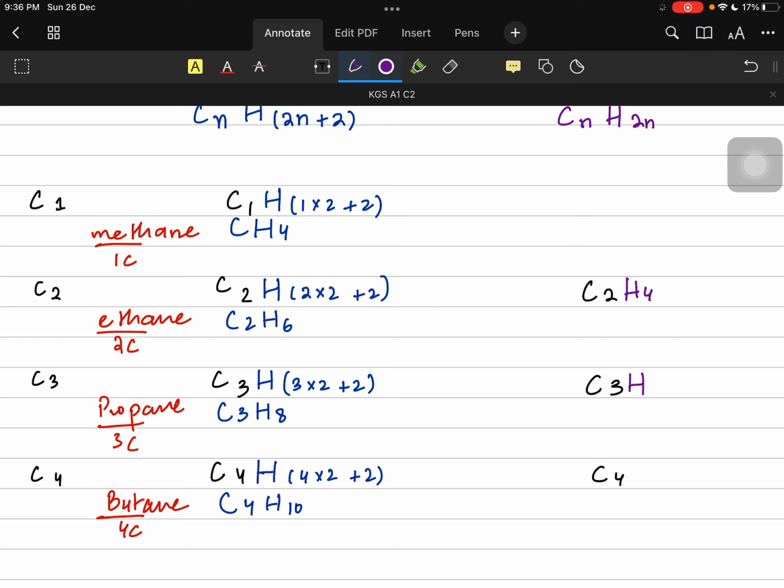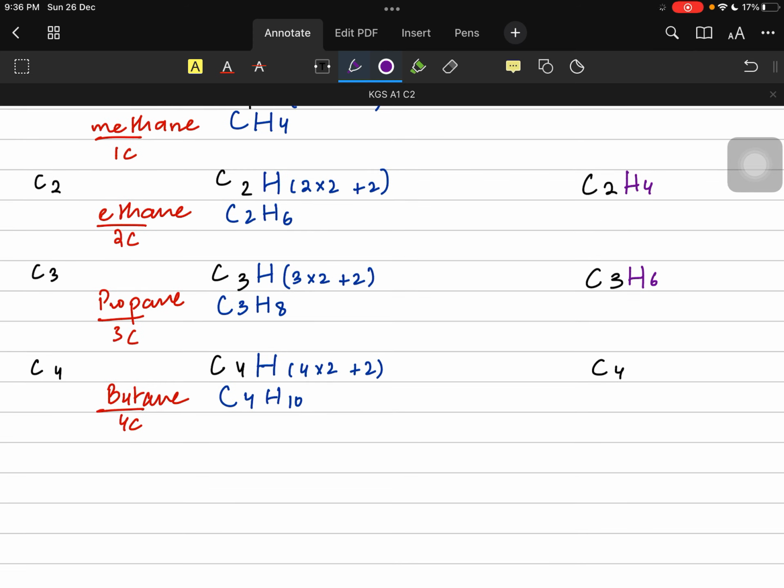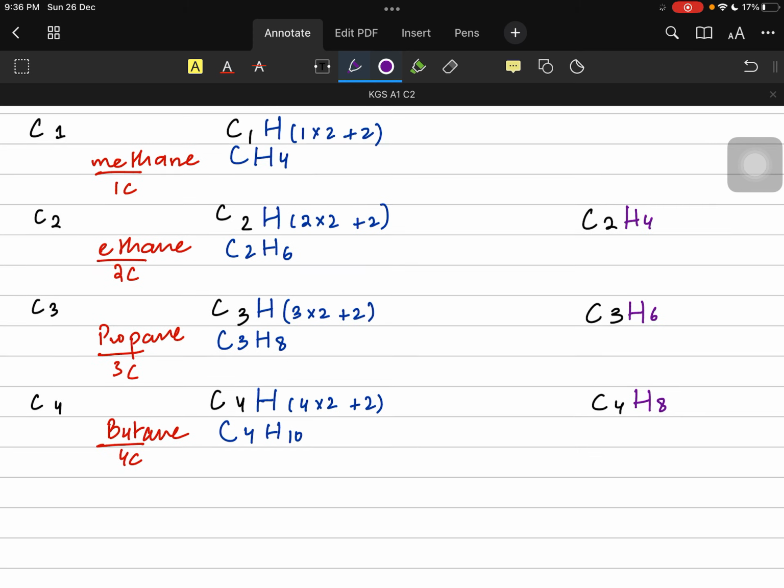If it's a 3 carbon alkene, just double 3 and you get 6, so it's C3H6. For a 4 carbon alkene, just multiply by 2, double the 4, you get 8. So it's C4H8.